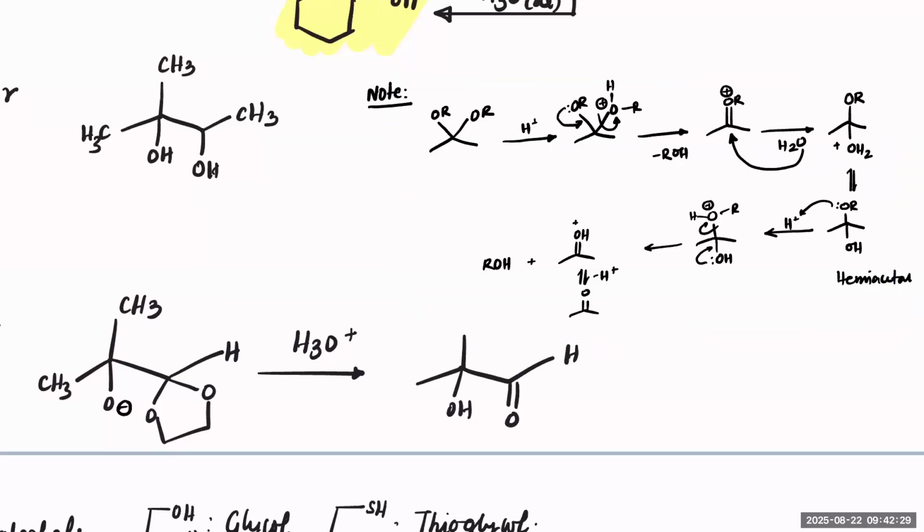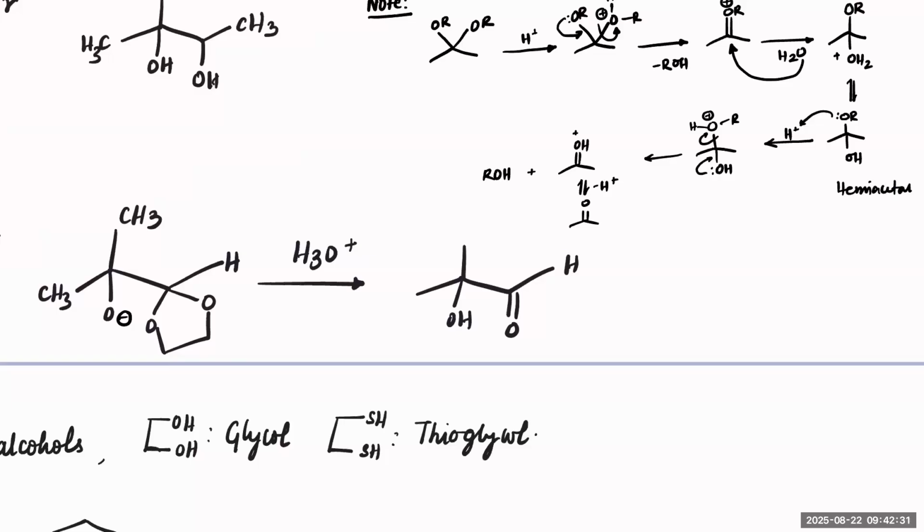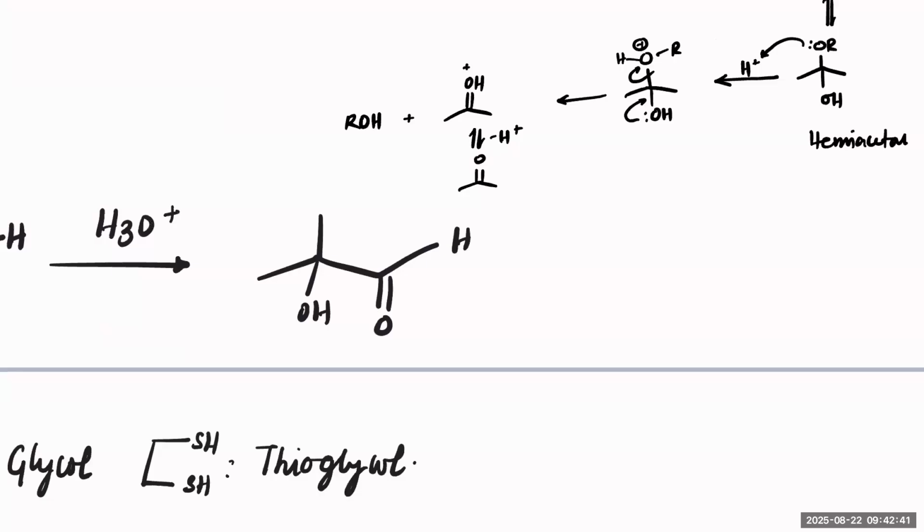Got it? Yes, sir. Acetals are stable in basic medium because basic medium में ketones ethers को कुछ नहीं हो सकता है, right? Because ether themselves will carry lone pair, but hemiacetal will not remain stable. ऐसा क्यों? Because you have OH here, OR here. OH minus can take away this H plus, right?